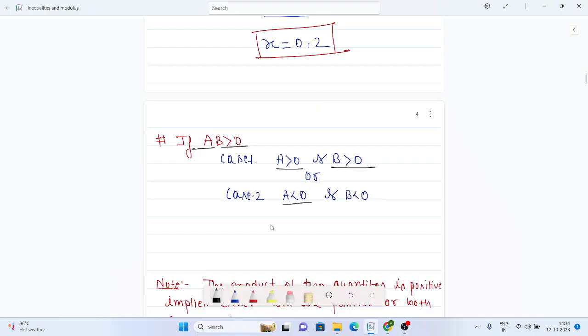What I mean to say is, if I want ab greater than 0 and I take two numbers, this is only possible if I multiply 2 into 3, which gives 6, greater than 0, or I multiply minus 2 into minus 3, which also gives 6, greater than 0. If one is positive and one is negative, then you get minus 6, which is less than 0. So only these two cases are possible in this condition.